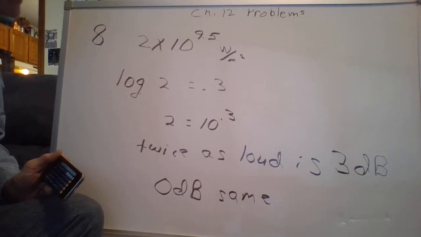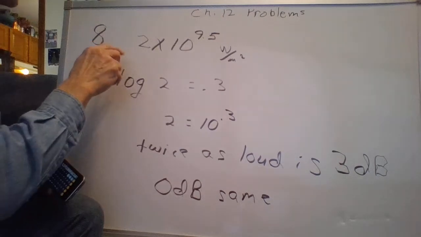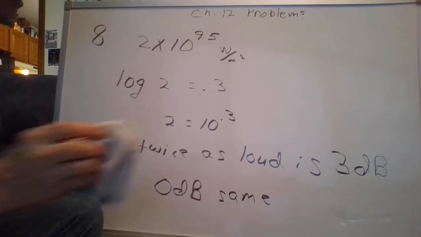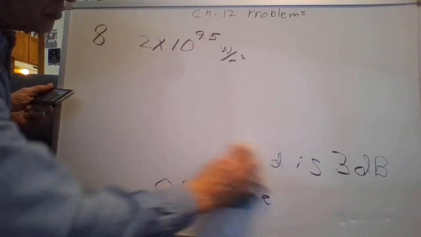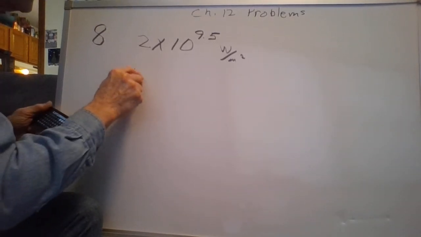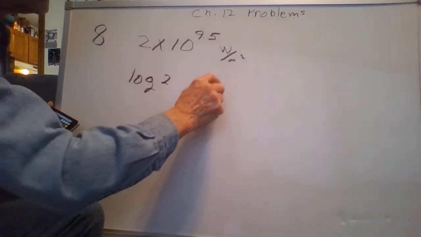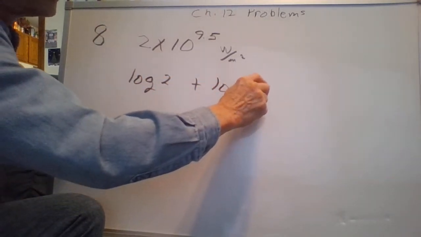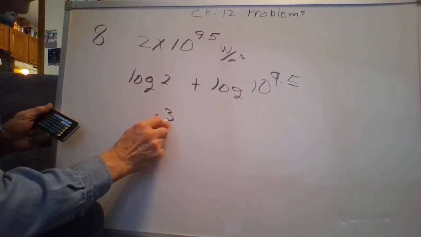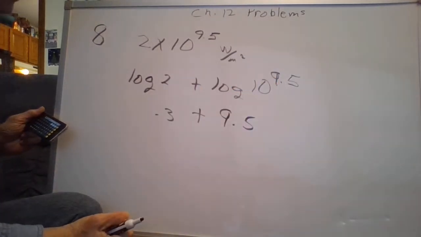It's technically not a, well, what do you do when you take the log of 2 numbers multiplied? If that's true, then the log of 2 times 10 to the 9.5 would be the log of 2 plus the log of 10 to the 9.5, which of course we know what this is, 0.3, and that's 9.5, just the exponent.